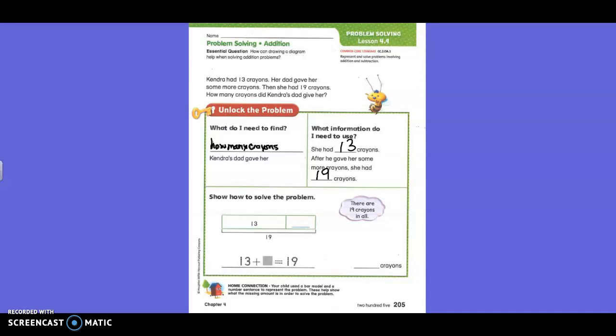All right? So writing this problem, you could write 13 for how many she started with, plus, and then they have a square for you, so you don't have to make a square, equals 19. Okay, can you guys see? 13 plus what would be 19? If you need to look at your number lines, that's fine, or you can just count in your head. Or think about, if you have 3, how many more do you need to get 9?